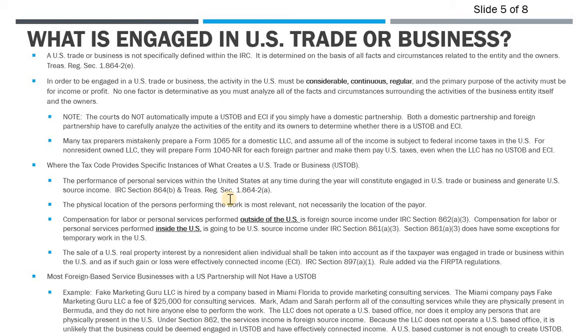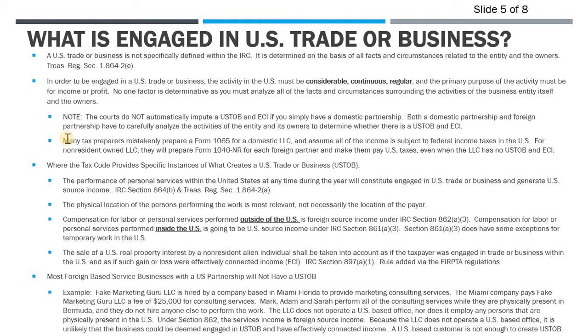So the partnership entity, the owners really need to assess these facts and circumstances for their company, because if you don't have a U.S. trade or business, you still file a return, but there's no taxes owed in the U.S. If you have a USTOB, then you've got to pay some taxes and file some additional returns.